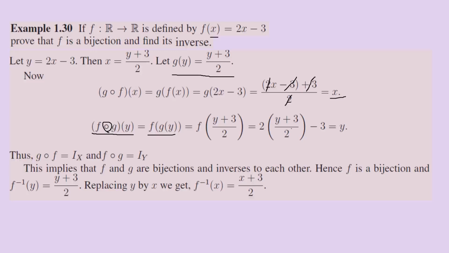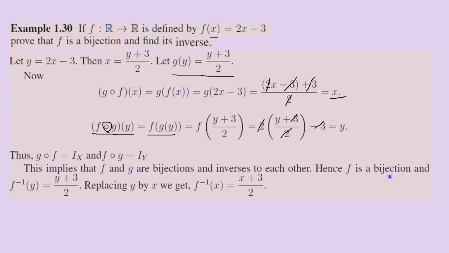The 2 cancels, then we get y plus 3 minus 3, and plus 3 minus 3 cancel, giving the answer y. That is, g composite f equal to the identity on x, written as I x, and f composite g is equal to I y. This implies that f and g are bijections and inverse to each other.